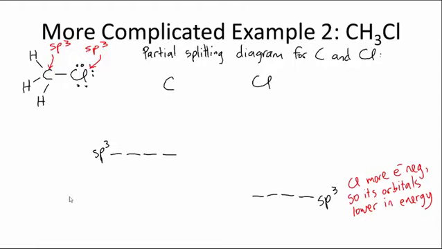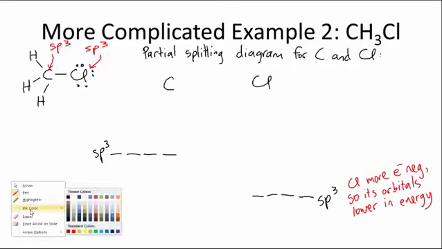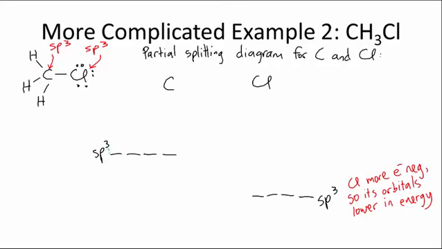Now, how many of the carbon sp3 orbitals are actually overlapping with a chlorine orbital? Only one of them. So, really, I'm going to ignore 3 of them for now, because they don't overlap with the chlorine.